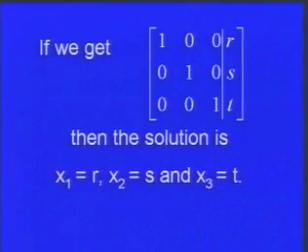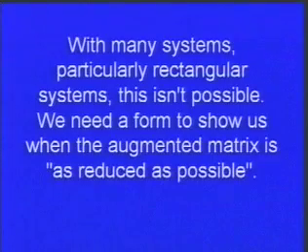Okay, but we can't always do this. We don't always get that nice, pretty little set of diagonal ones. Particularly with rectangular systems, it's going to be impossible for us to get that nice, pretty design. So what we need is something to show us when an augmented matrix is as reduced as possible.